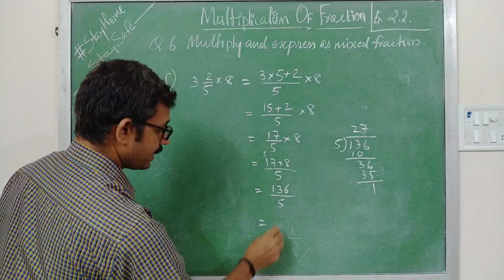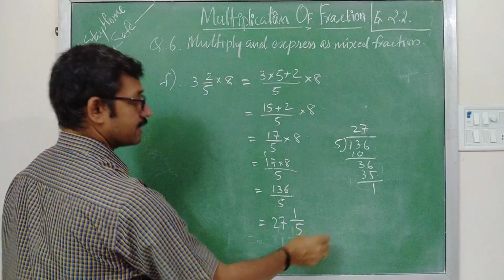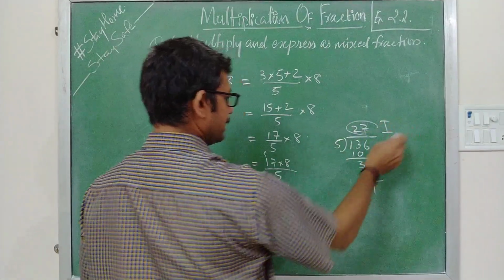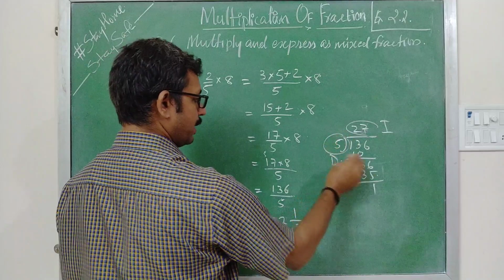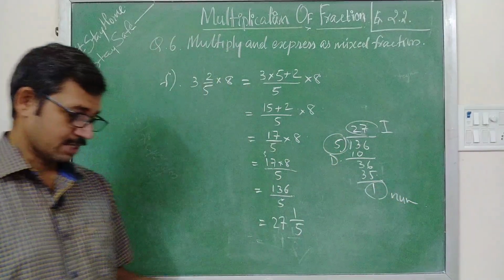So here we can write 27 integer 1 upon 5. This is the integer part, this is the denominator, and this is the numerator.